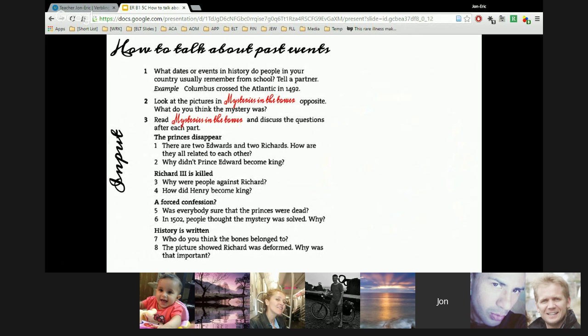Why was that significant in the story? Because people thought that someone who had a deformed part was evil. Exactly. It had everything to do with evil.